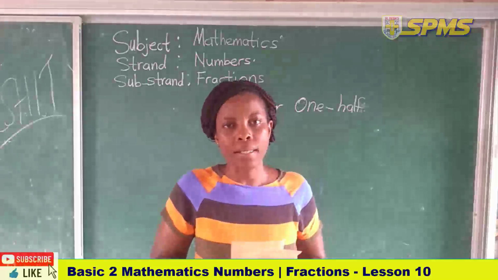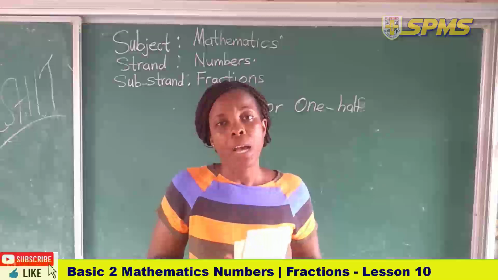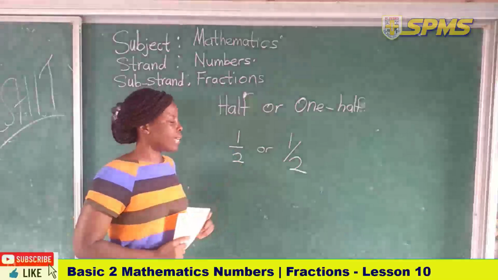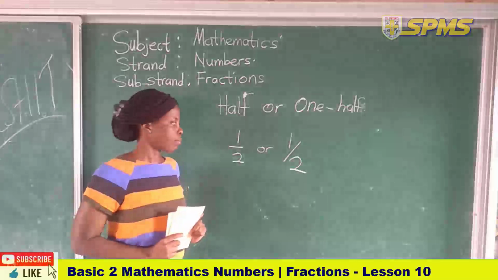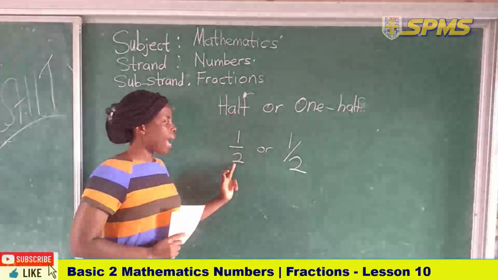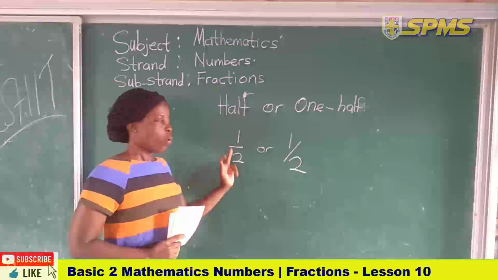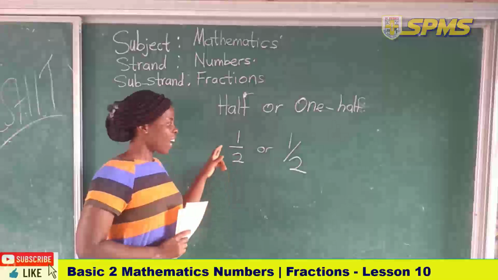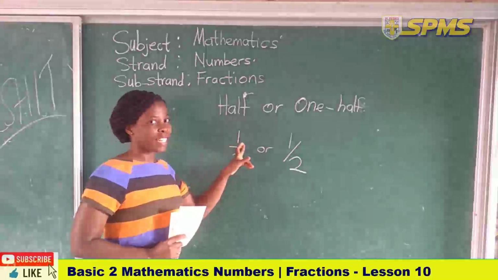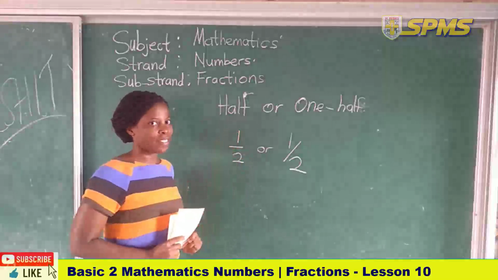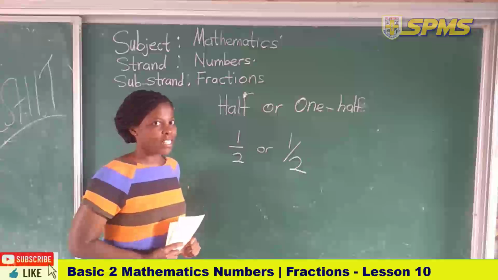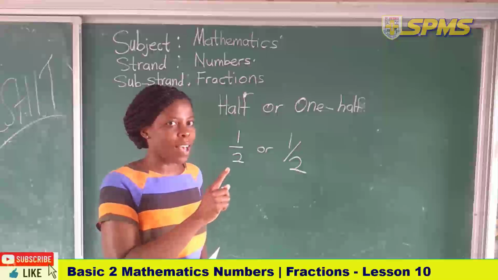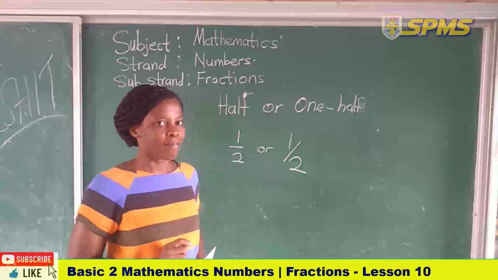How do we write 1/2 or half? Hope you can see it on the board. 1/2. You can also write it this way. Can you see a line dividing the 2 numbers? Yes. Do you remember the keywords? The numerator and the denominator.